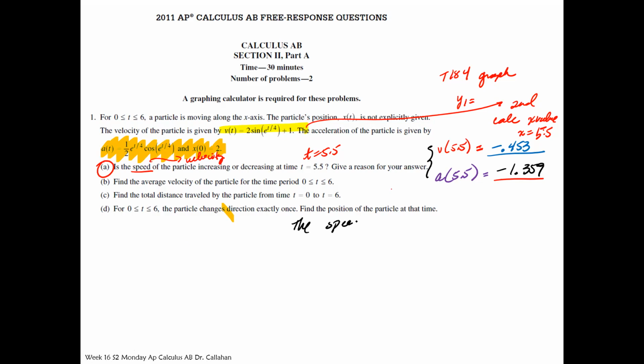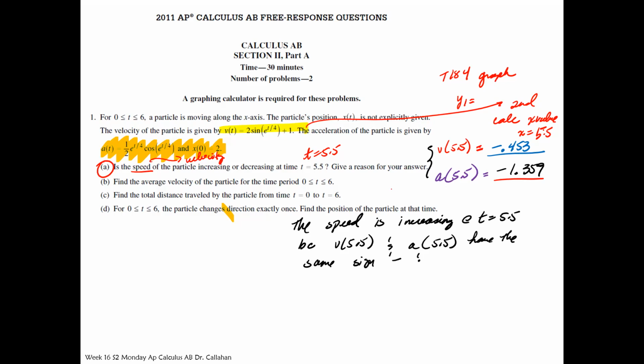You can go ahead and say something like, the speed is increasing at t equals 5.5 because v of 5.5 and a of 5.5 have the same sign, negative.